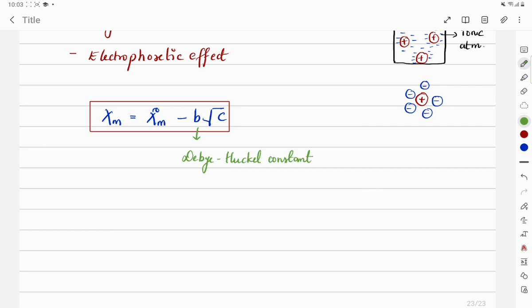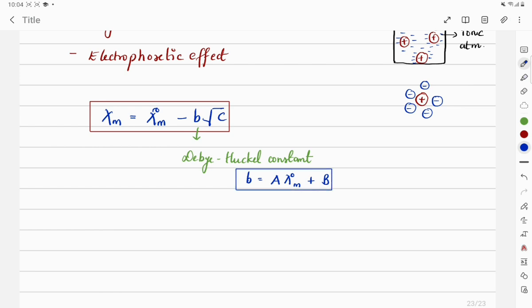This is in turn another term, that is B is equal to A lambda 0 m plus B. So this is what B is equal to.